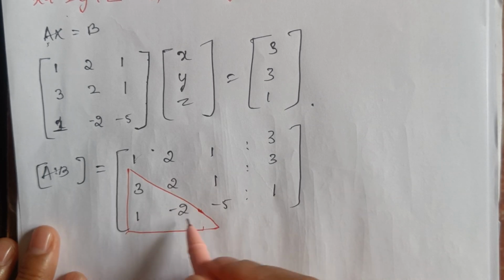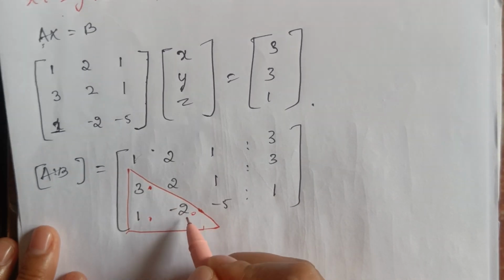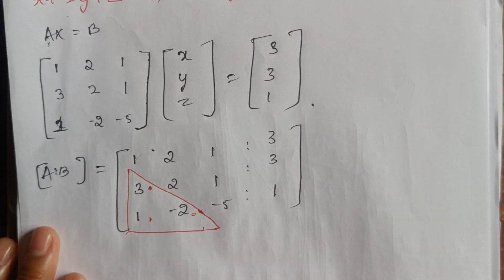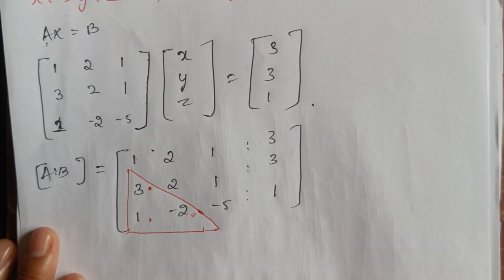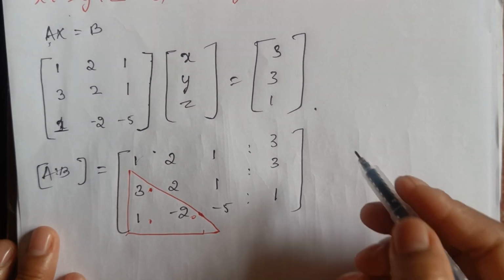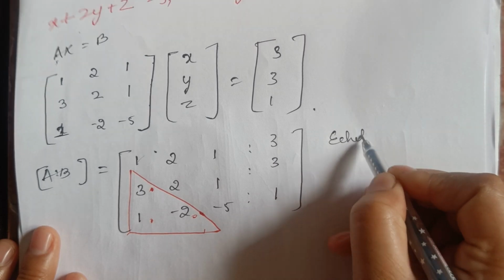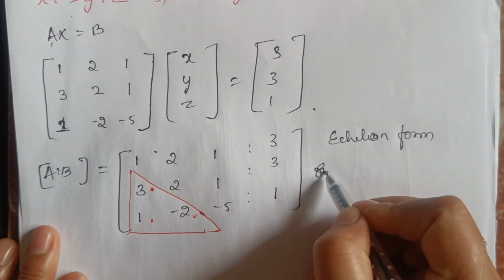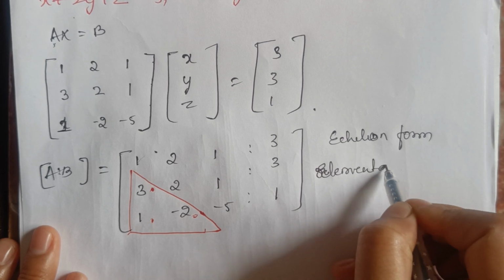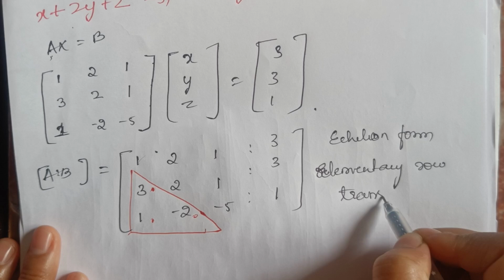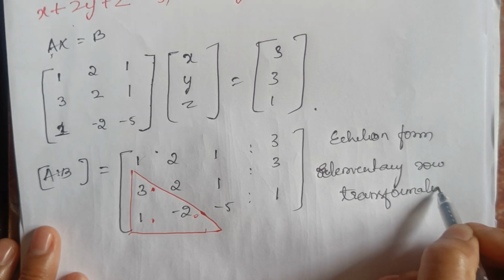Upper triangular matrix means I want 0 in these three places, and all the other elements in the upper triangular part should most probably be non-zeros. So I'm going to use the echelon form or elementary row transformation.